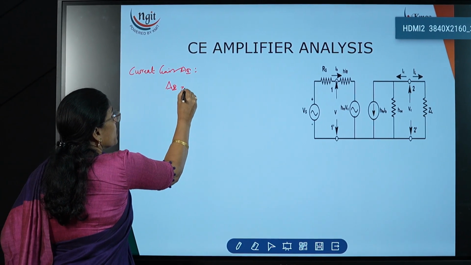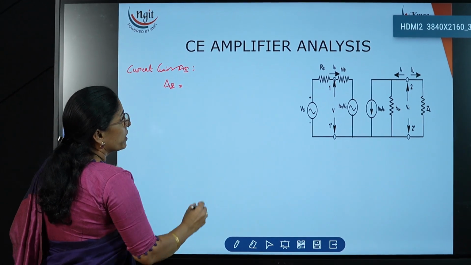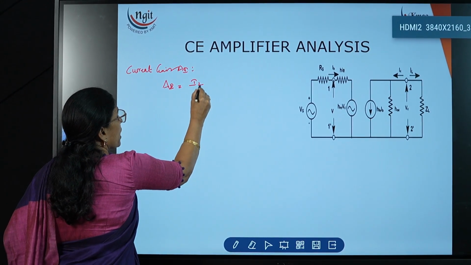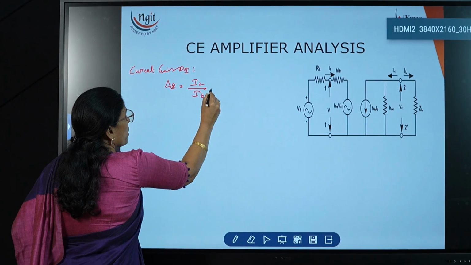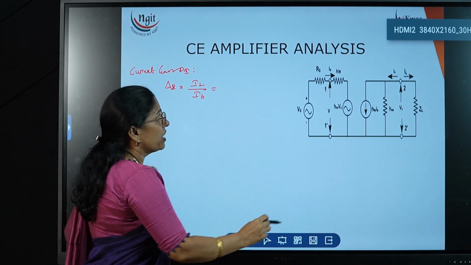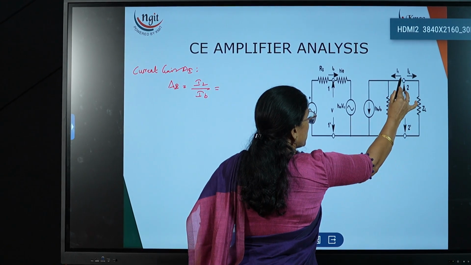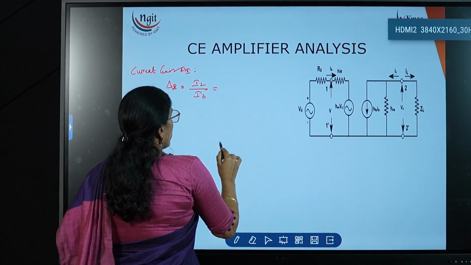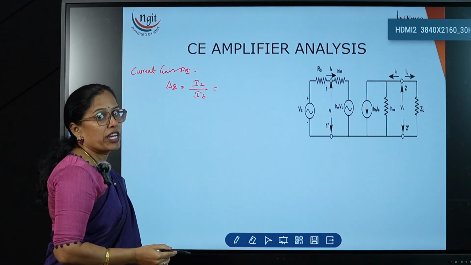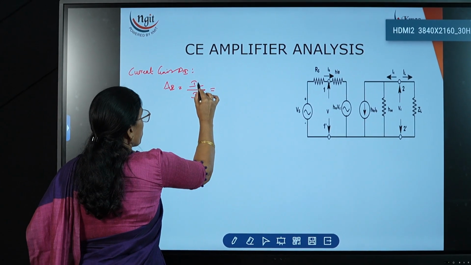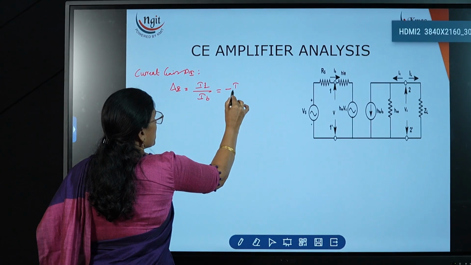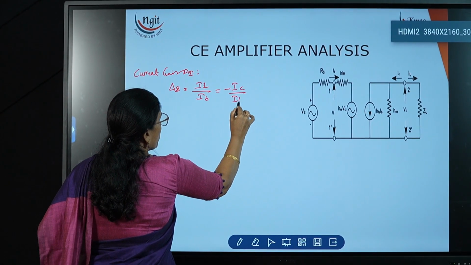Now how to write the current gain AI? Current gain AI is equal to output current divided by the input current, that is nothing but IL divided by IB. Where if you see here, IL is in this direction which is flowing through the ZL, and IC is in the opposite direction. Since IC is in the opposite direction to IL, we can rewrite this expression as minus IC divided by IB.